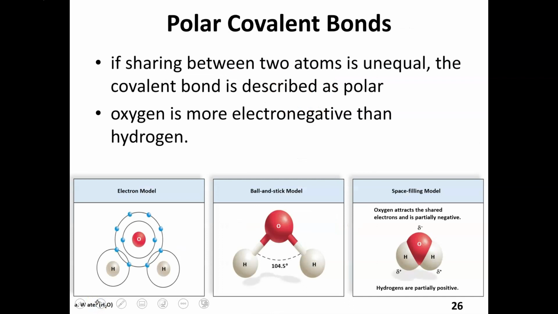When sharing is unequal, then we form a polar covalent bond. So in this case, one atom keeps the electrons closer to it. So let's look at oxygen and hydrogen.